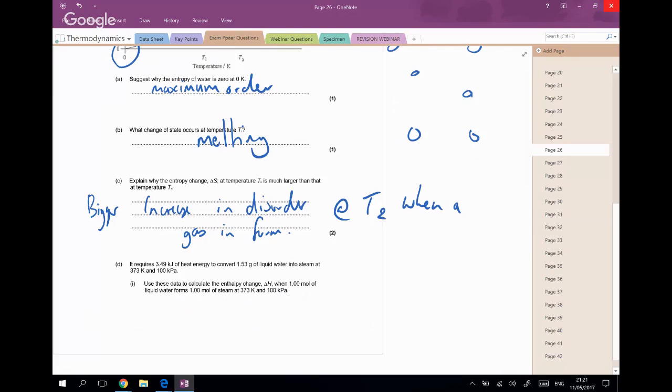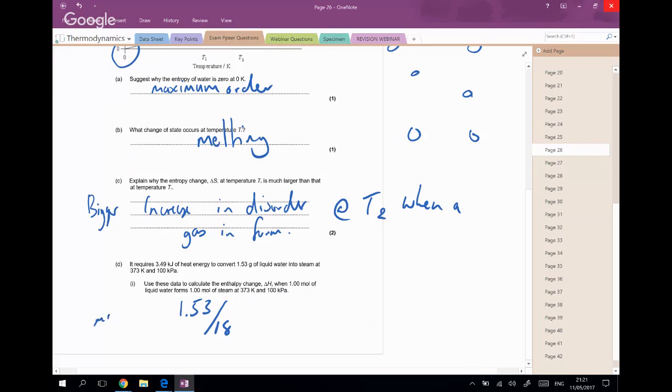So the first thing to do here is to work out the moles of water. So the moles of water here are 1.53 over 18, because that's the amount of water, of course.